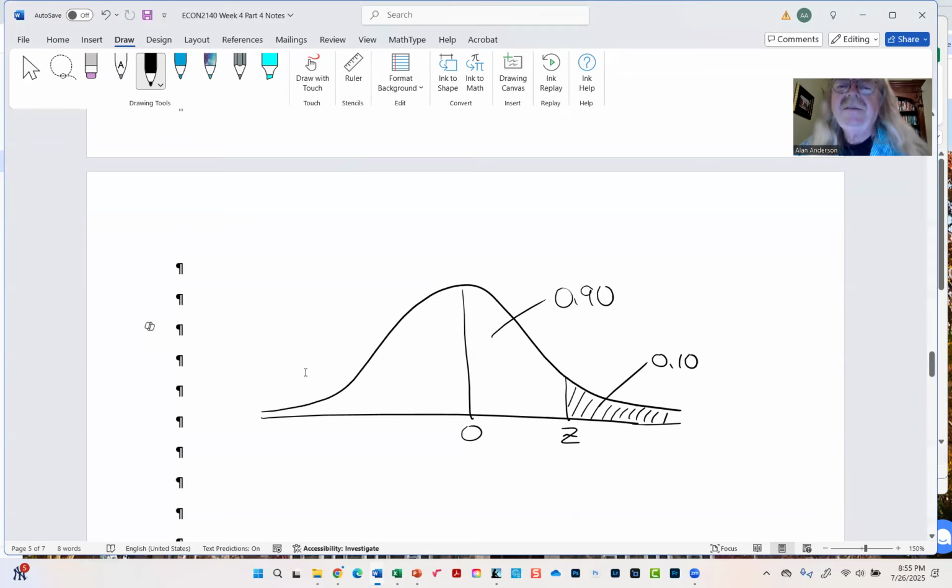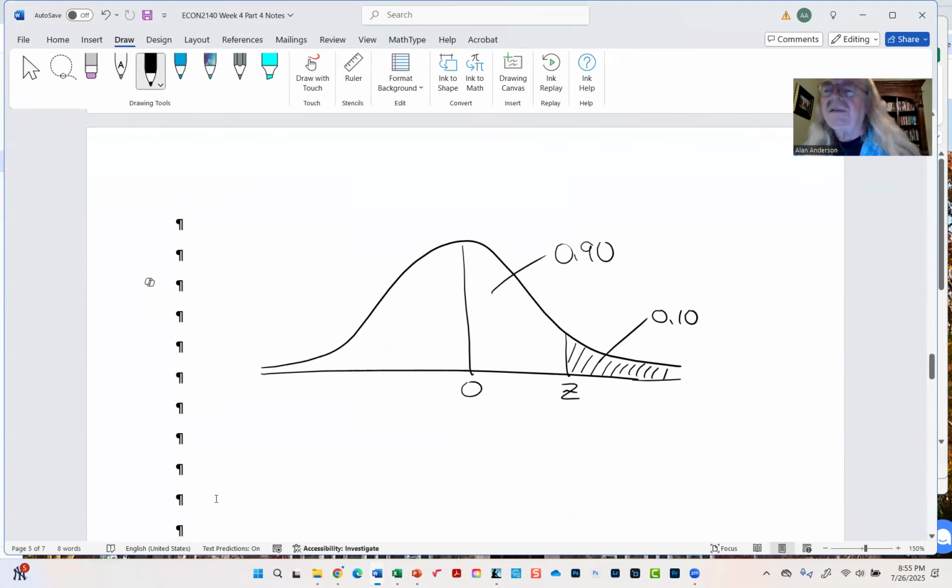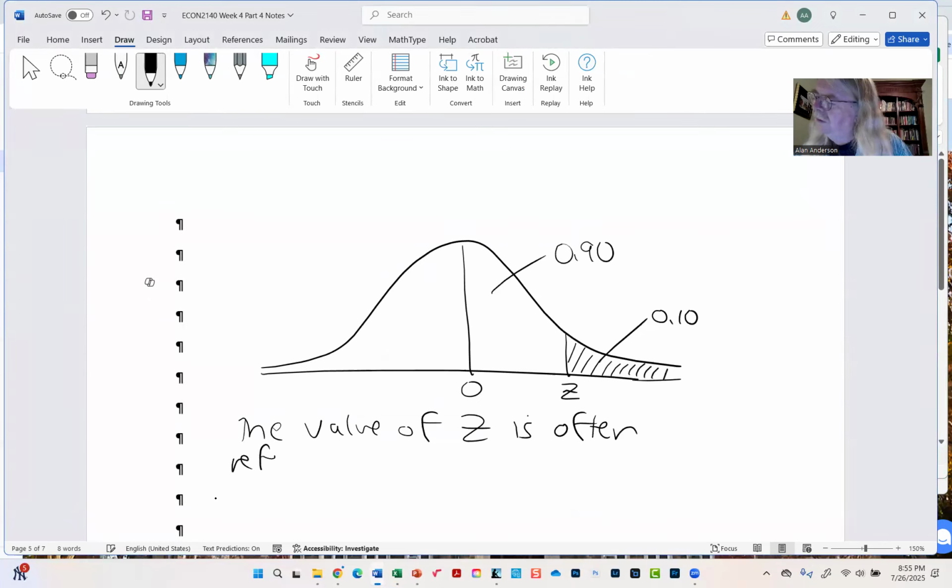Okay. And by the way, sometimes the value of Z in these problems is often referred to as a Z-score.